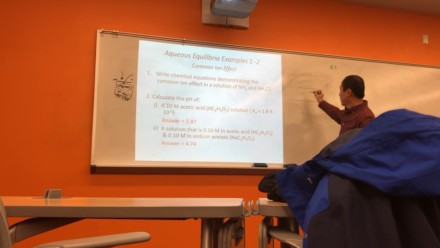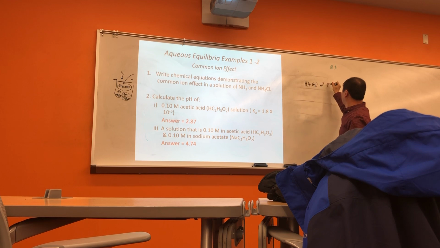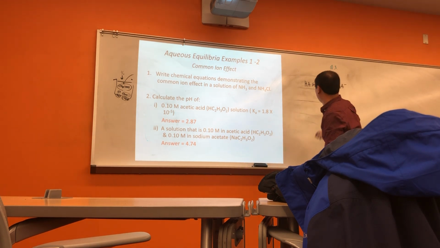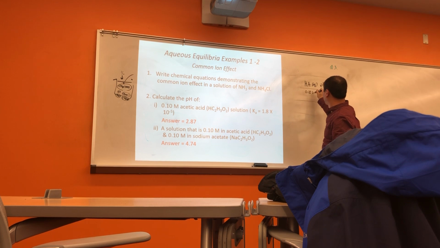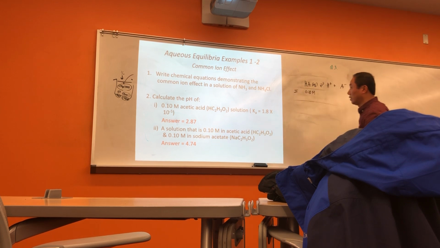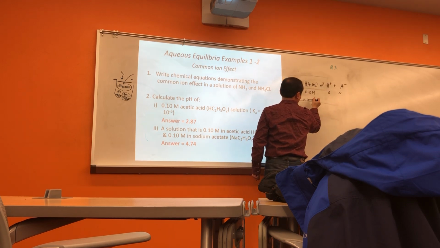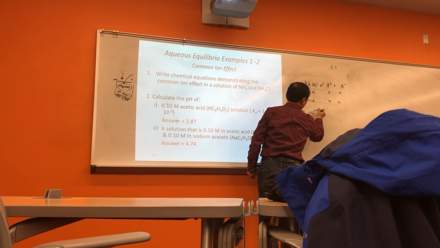If you have acetic acid that dissociates in water, A is acetate, CH3COO. I'm going to write that. Acetic acid, 0.10 molar initially. So 0, and equilibrium. This Ka is x squared over 0.10.